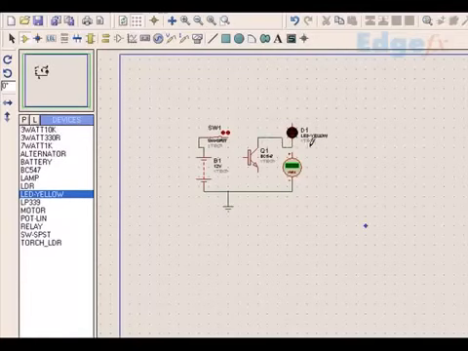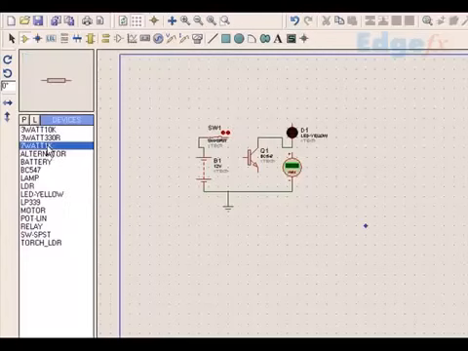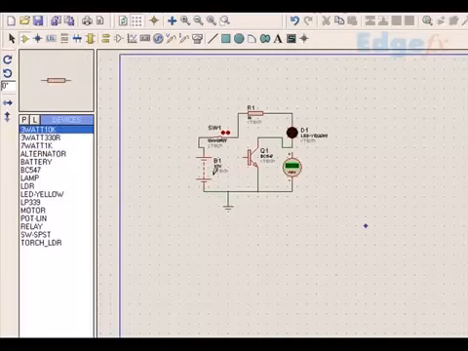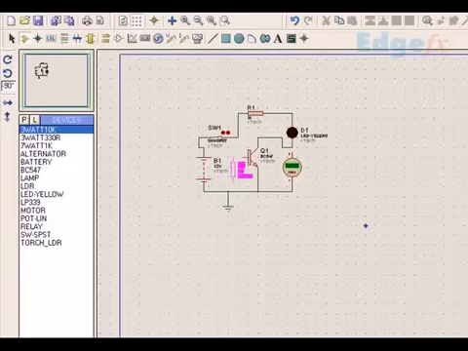I connect an LED here, and I connect a series resistor. As I have always said, a resistor is a must in the case of any LED that I am going to use. So I put a resistor here, and this goes to ground, and supposing I put one more resistor here, and I put it in a way that I should be able to connect it.